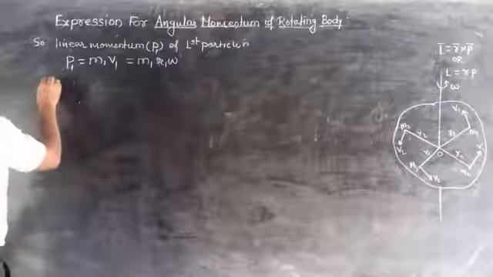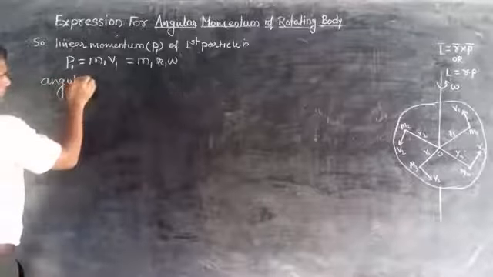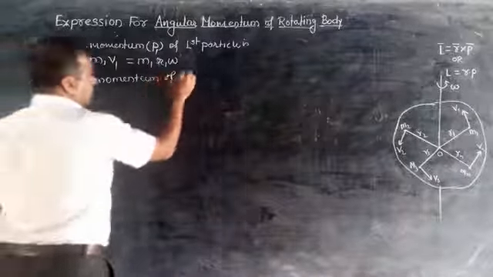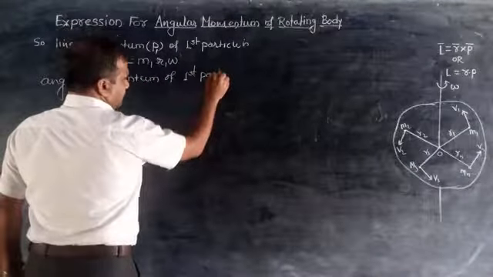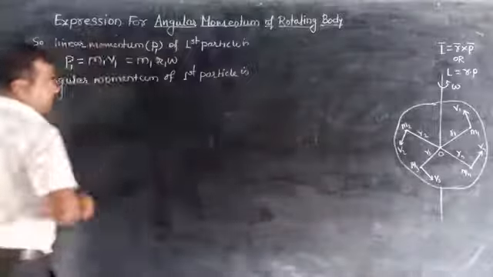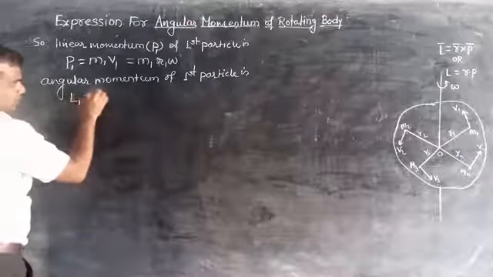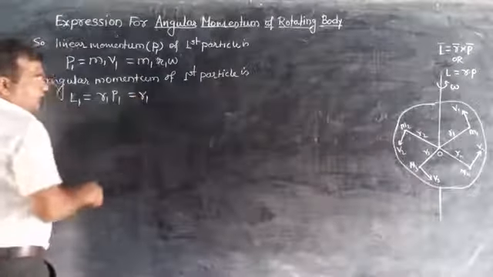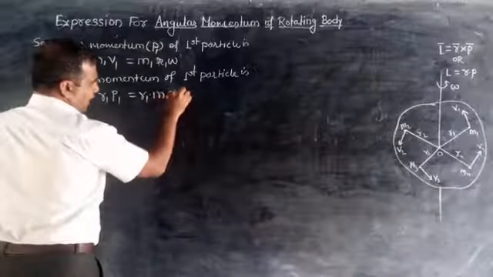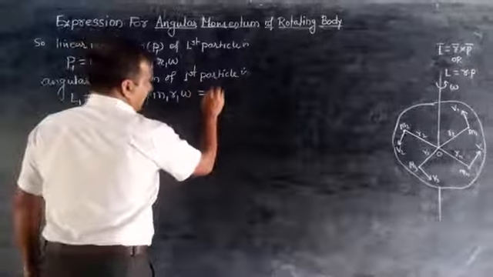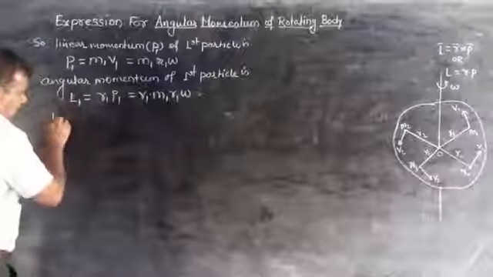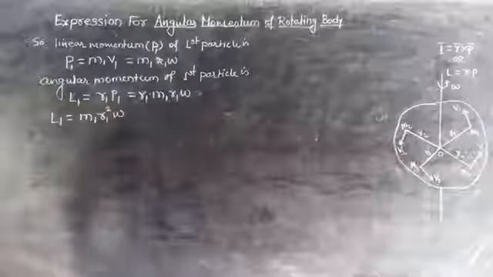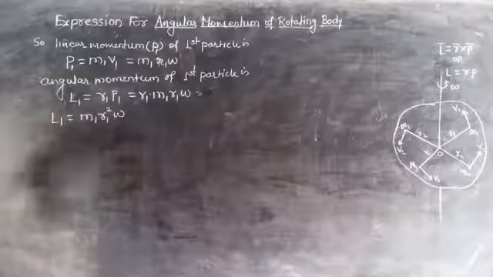Therefore the angular momentum of the first particle, L1, is equal to R1 P1. This can be written as R1 into m1 R1 omega. It means that L1 is equal to m1 r1 square omega. This is the angular momentum of the first particle.